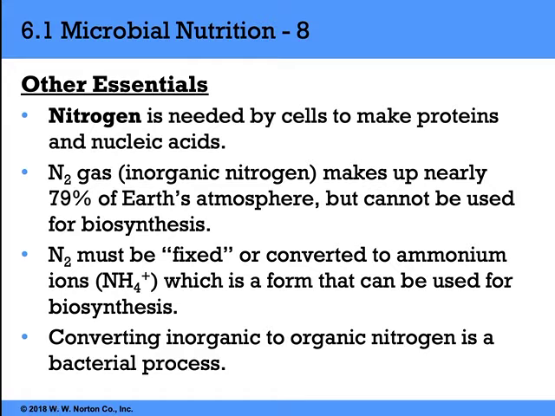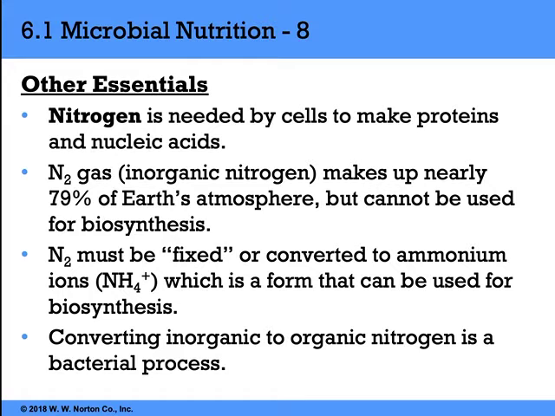Nitrogen is critical for survival of any organism because it's a component of DNA, RNA, nucleic acids, and proteins. So without nitrogen, there ain't going to be any growth or reproduction going on, right? So how do we get our nitrogen, right?